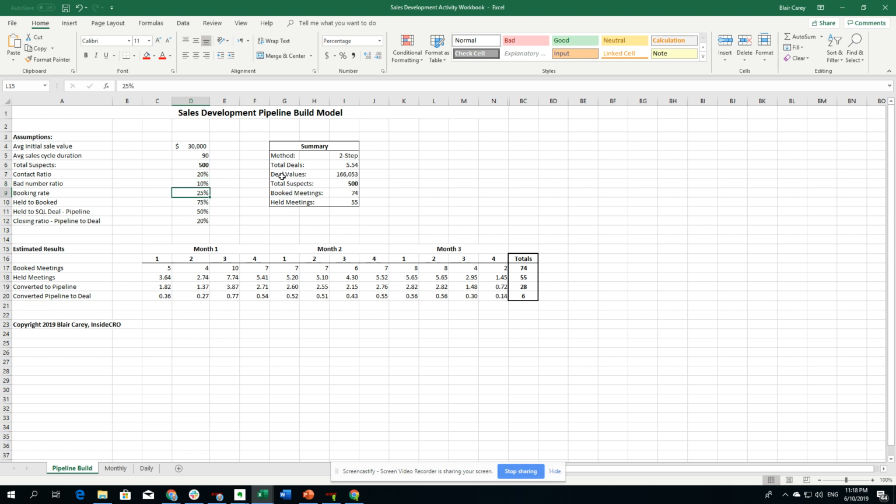If our booking rate can be better, let's say 35%, things start to get even more interesting. And if we go back and say the average initial sale value is, let's say, $10,000, that gives you an idea about how much money we can actually make for our prospects based on the assumptions and ratios we have from there.